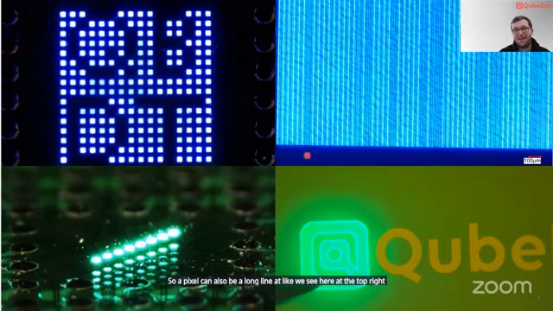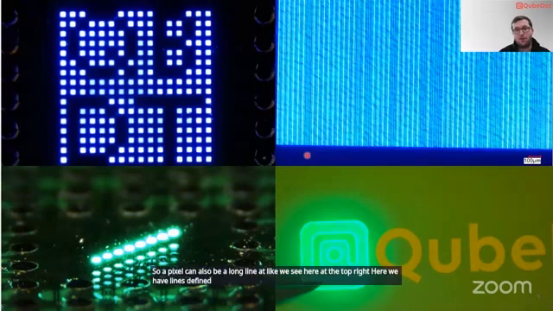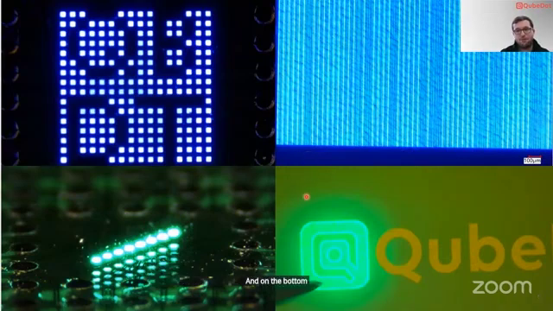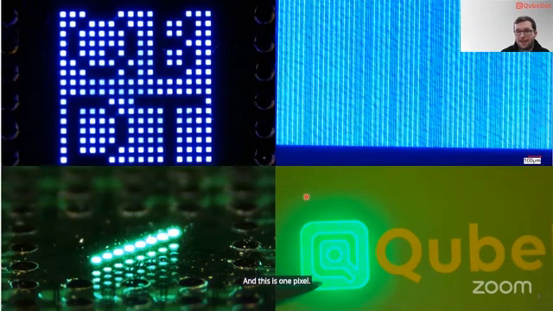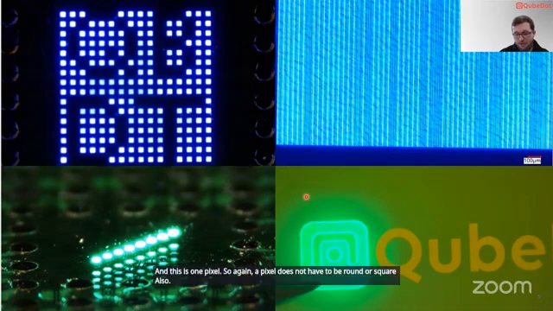Here we have lines defined with a width of 7 micrometers, but they're 5,000 micrometers long. And on the bottom right image, we see the QubeDot logo at the moment that is emitting, and this is 1 pixel. So again, a pixel does not have to be round or square. Also, a single letter can be a complete pixel with our technology.